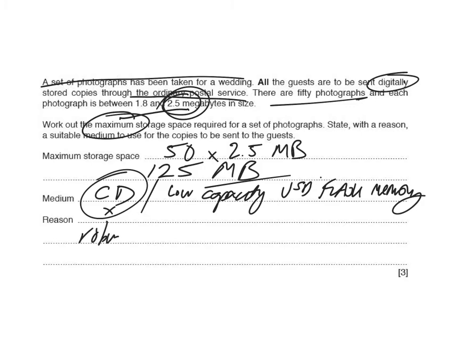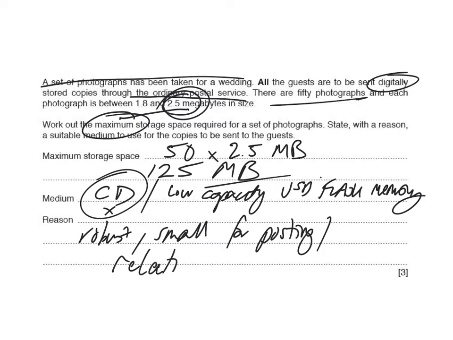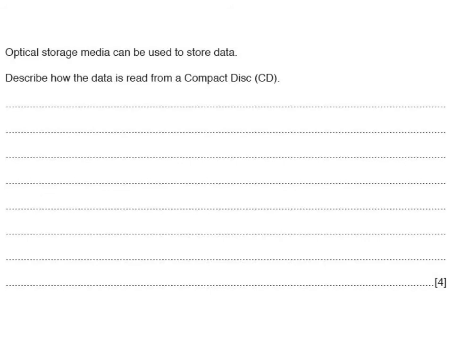I guess then it's robust, small for posting, and relatively inexpensive. It would be quite expensive to buy lots of DVDs for it, plus a waste of memory. So we want whatever works with the lowest amount of memory.